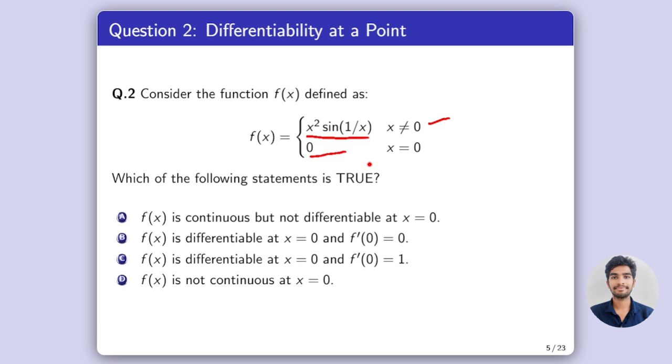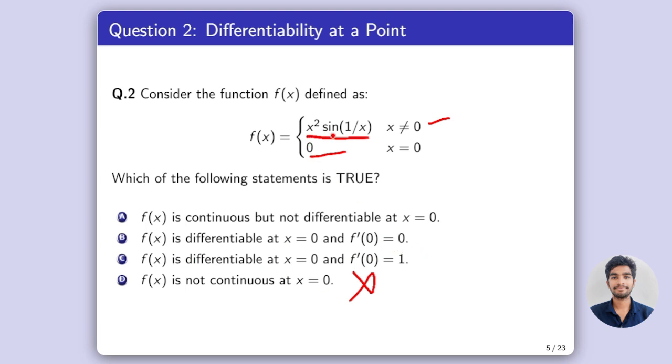For the sharp edges we observe that f is continuous but not differentiable at x equal to 0. Okay, f of x is not continuous at x equal to 0, so the answer will not be this. And f dash of x will be equal to 0.